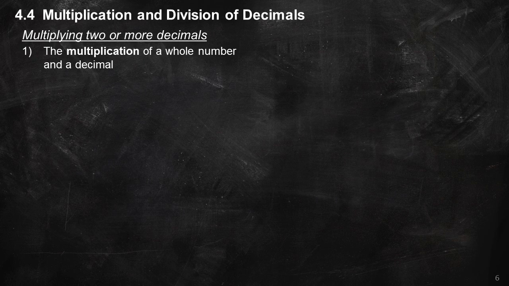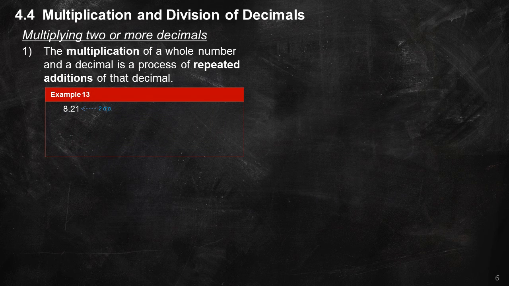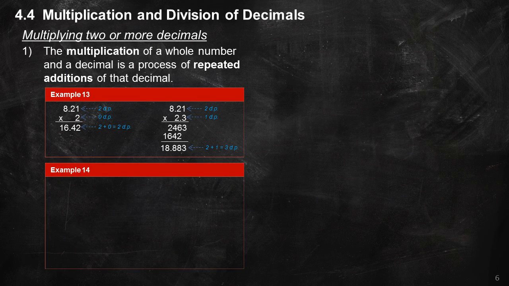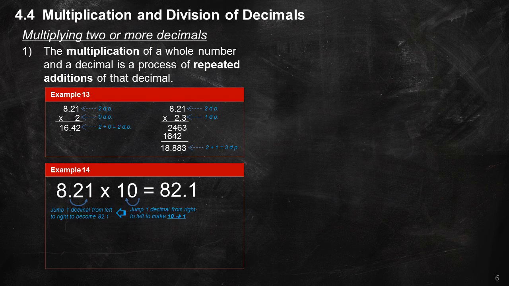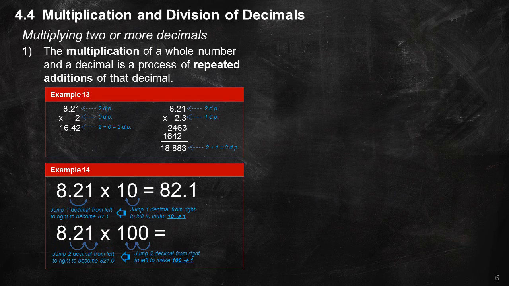The multiplication of a whole number and a decimal is a process of repeated additions of that decimal. Example 13. Example 14. Example 15.